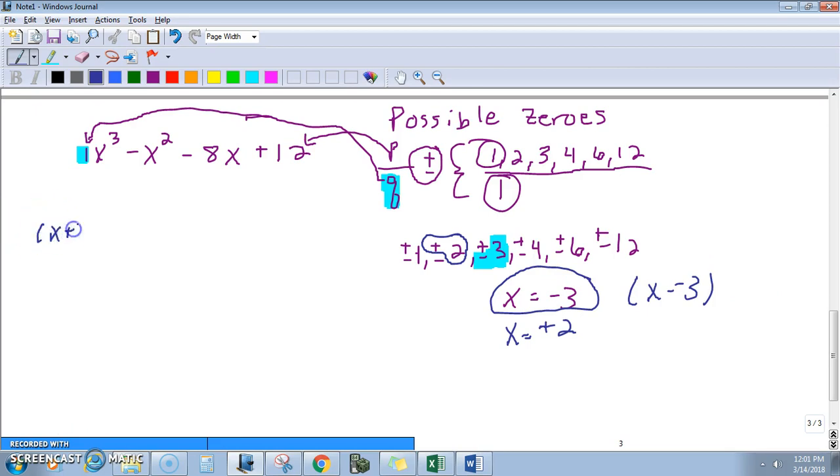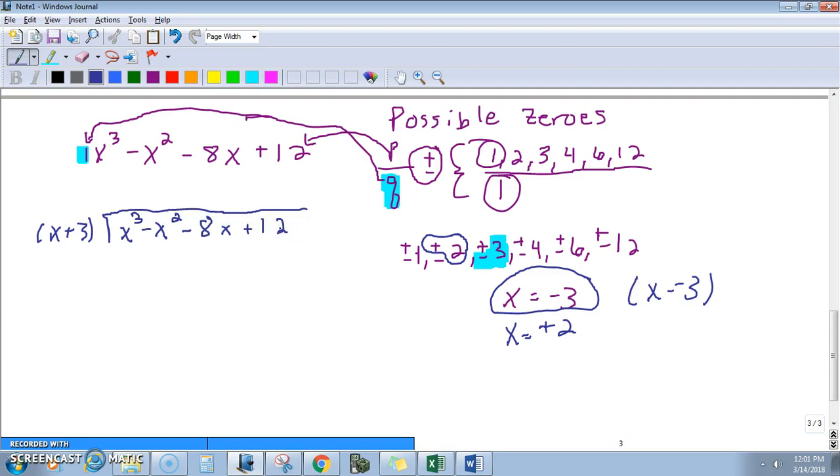So I'm going to put x plus 3 as my divisor, and my dividend is going to be my original equation, which is x cubed minus x squared minus 8x plus 12.